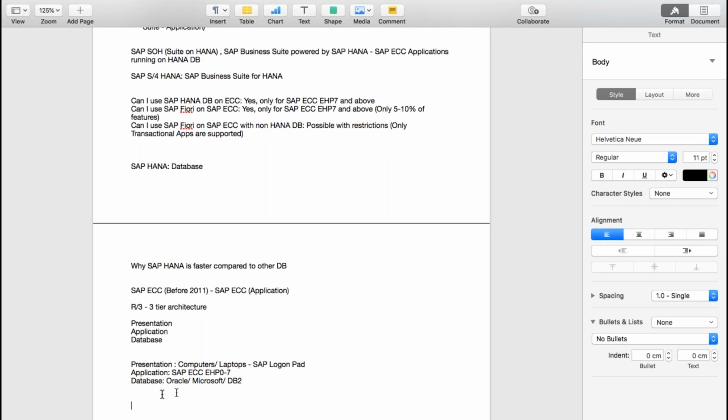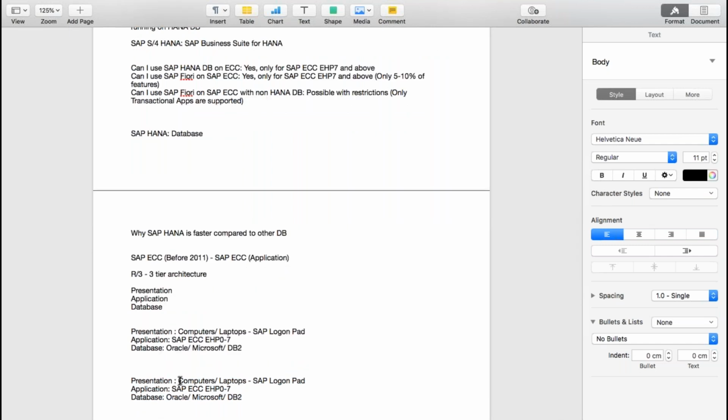So this was the picture till 2011. Now after 2011, if I talk about SAP S4HANA, many things have changed, right? So what is our presentation now? It is a computer, it is a laptop, it allows tabs, it allows your mobile device. And how are you going to access the presentation server? Either through SAP Logon Pad or through SAP Fiori, which is a new user interface. Which is the application now?